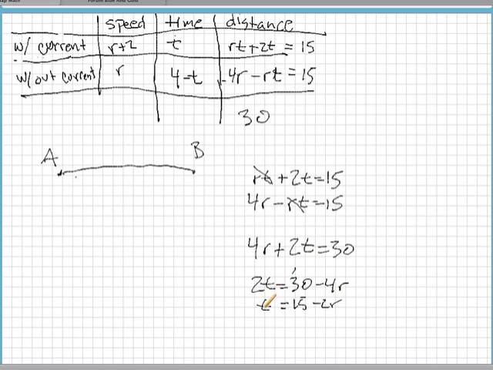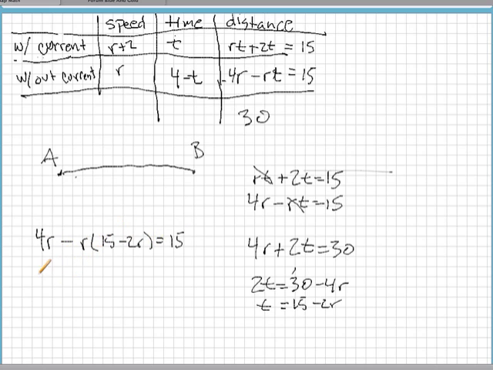Now we're going to plug this t back in for t in one of these equations. We'll use the bottom equation because that's a little bit simpler. We only have to plug it in once. So 4r minus r times t, which is 15 minus 2r, equals 15. Now this is easy, we have this in terms of r, one variable.